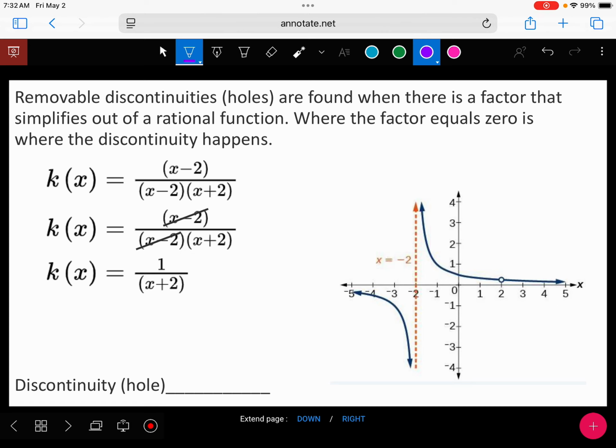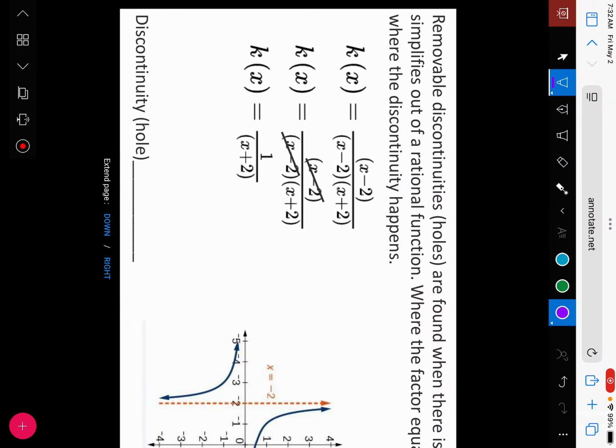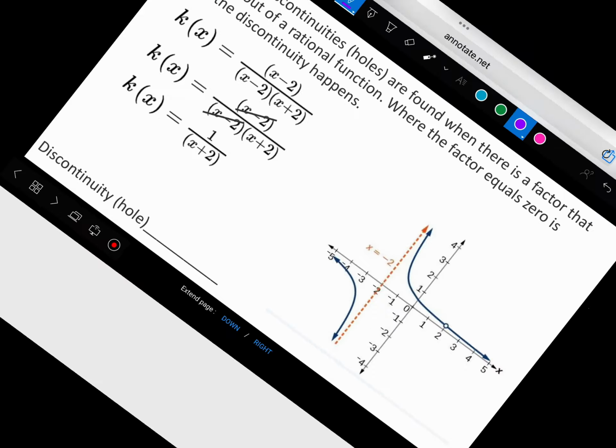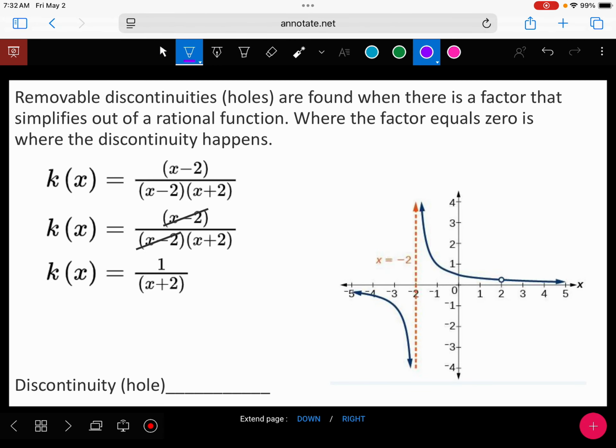When we factor stuff and it crosses out, we're going to get something called a discontinuity, which is a fancy name for somebody grabbing a pen, coming up to my graph, and stabbing a hole. Our crossy outy bits stab a hole.